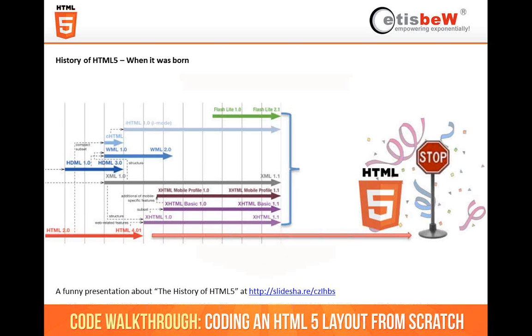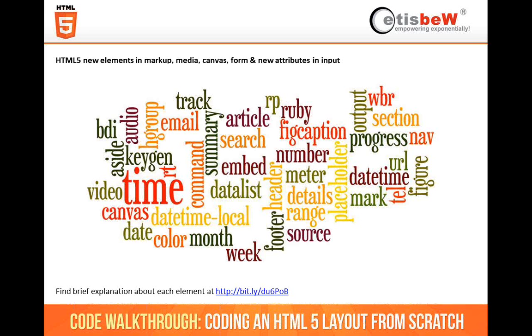What are the new elements in HTML5? Around 38 to 40 new tags have been added in HTML5, and also a few tags, maybe not fewer than 10, have been removed from HTML 4.0.1, which should not be included when you develop in HTML5.